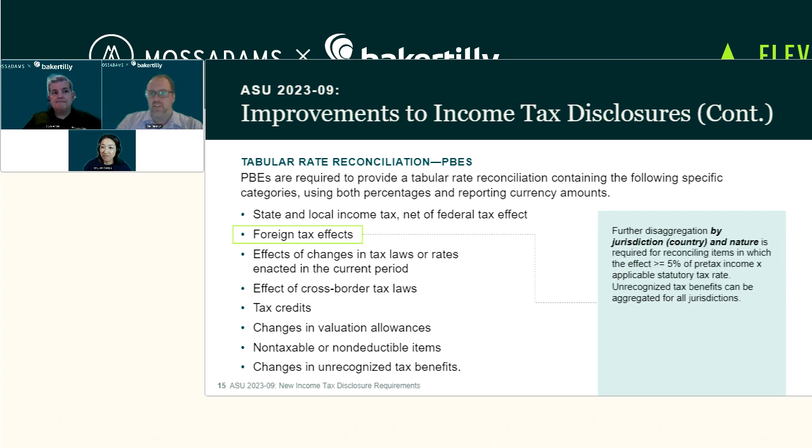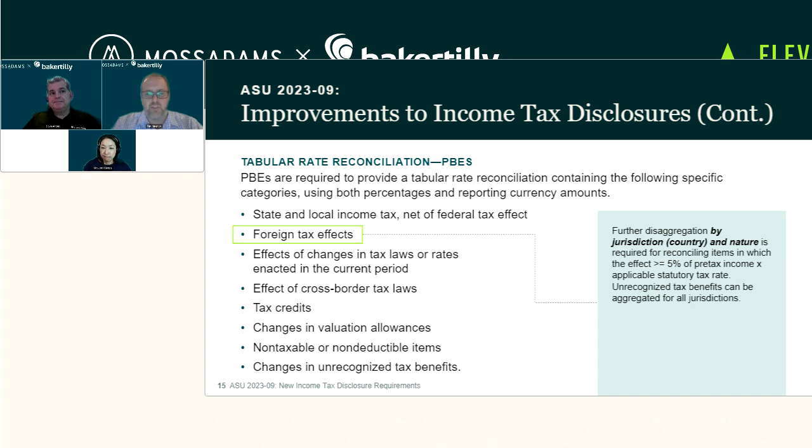Speaking of the foreign tax effects category, this is the one category that requires even further disaggregation by country and by nature. As you apply this guidance, you're going to want to first determine which jurisdictions meet the 5% threshold so that you can start disaggregating by jurisdiction.